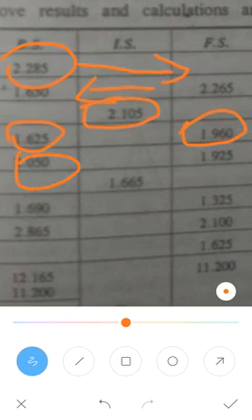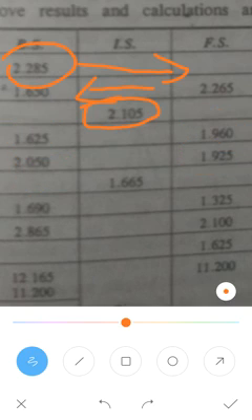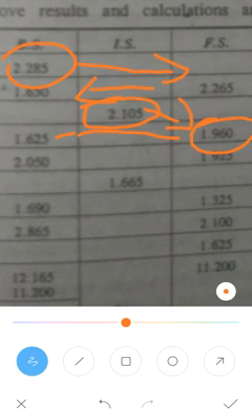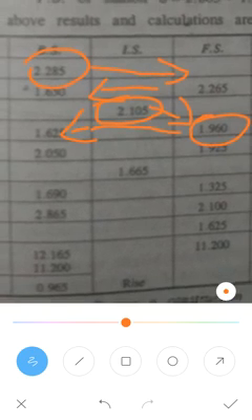Here also backsight and foresight have been changed continuously. So there are two change points, next immediately after getting that. See here, after this 2.10, after getting this intermediate sight, then you got this final foresight. Immediately later the instrument has been changed, so you got this backsight.